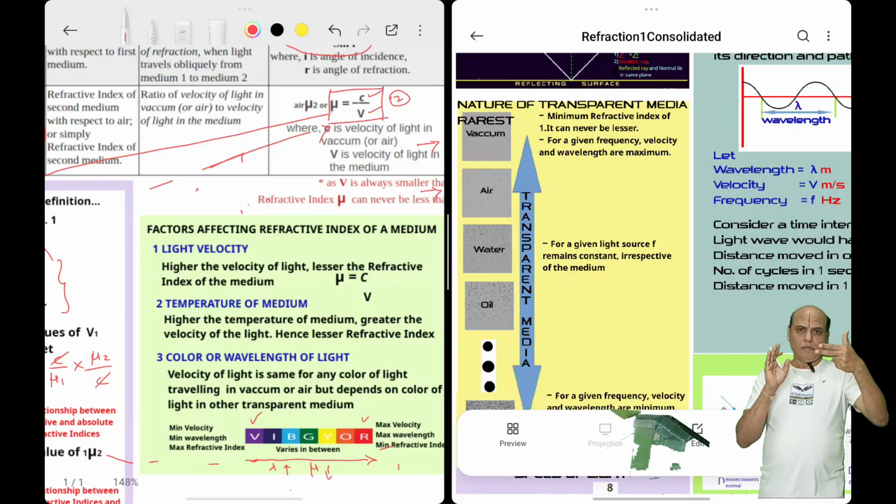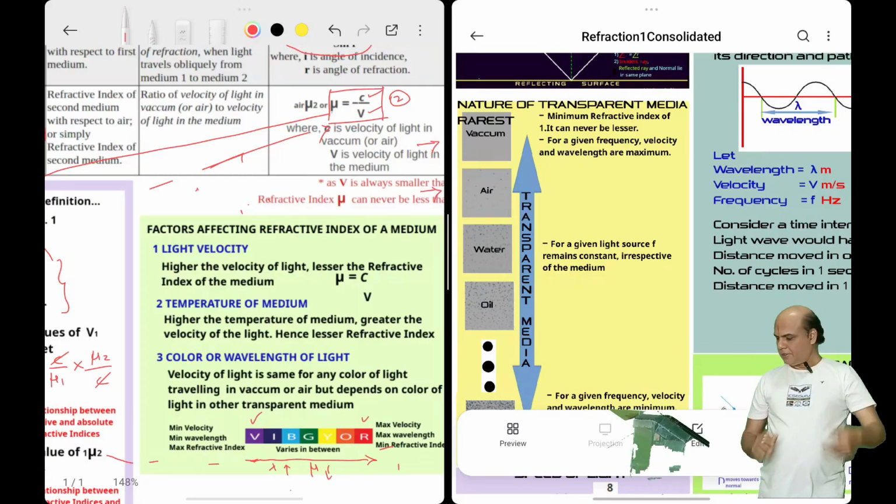When you move in the visible spectrum from violet to red, the velocity of light increases, therefore refractive index decreases. So violet will have maximum refractive index, with minimum wavelength and minimum velocity, whereas red will have maximum wavelength, maximum velocity and minimum refractive index. Okay.